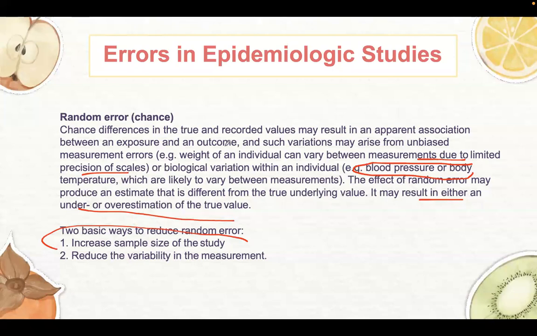Bakit sabi niyo meron siyang computation on how to get the sample size? Hindi po kami basta-basta pwede manghula. However, bakit sabi dito, in order for you to reduce the random error, you can increase the sample size of the study. Yes, number 1, I said na meron nga po siyang computation, meron siyang formula. And next, suggestion dito is to increase the sample size.